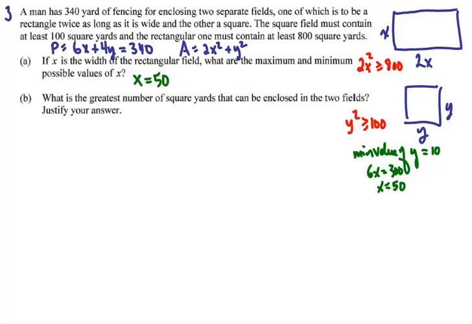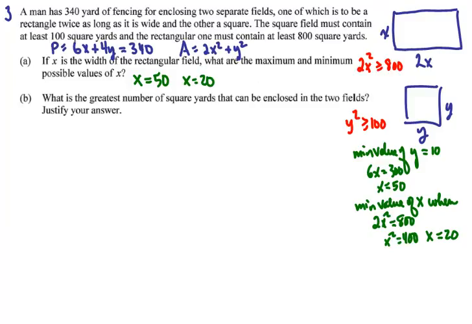Now for the minimum value of x, we want to let 2x squared equal 800. And that happens when x is equal to 20. 2x squared is equal to 800, x squared is equal to 400, x is equal to 20. So stated another way, we can say that x has to be between 20 and 50 yards.